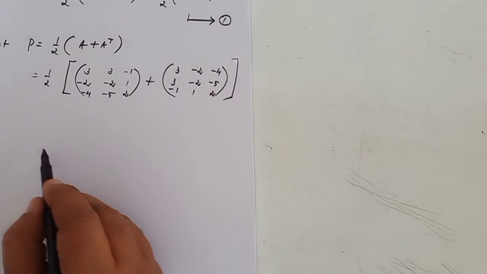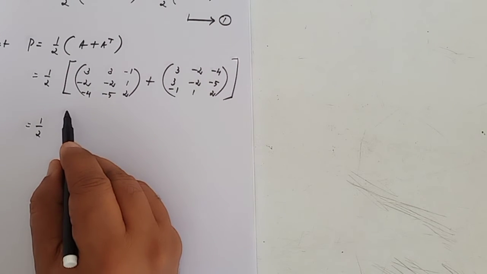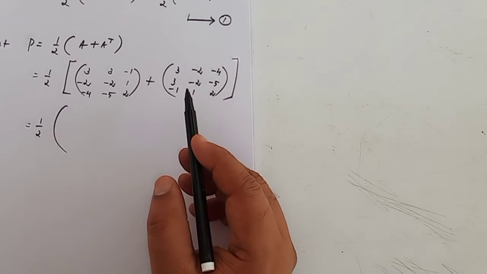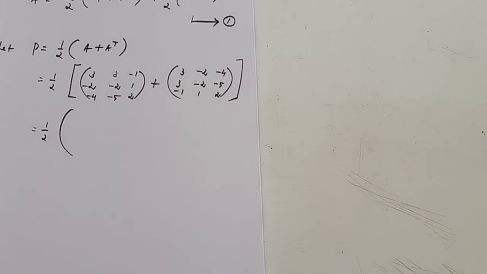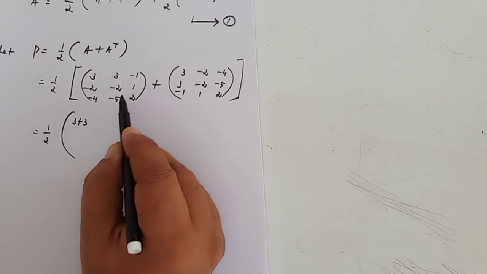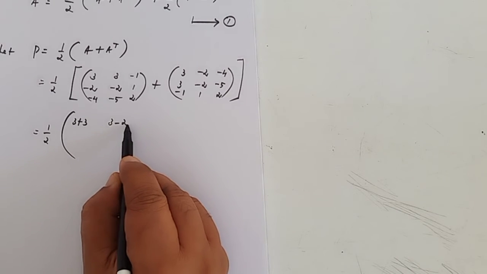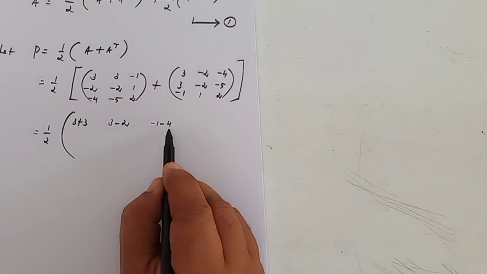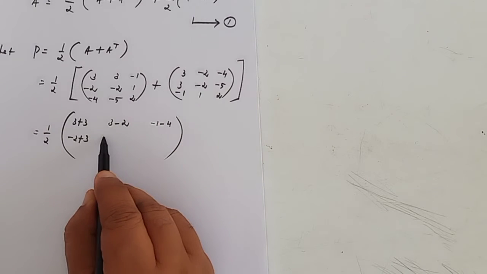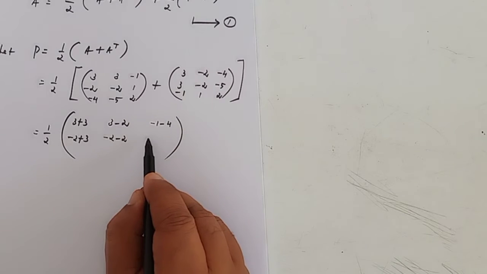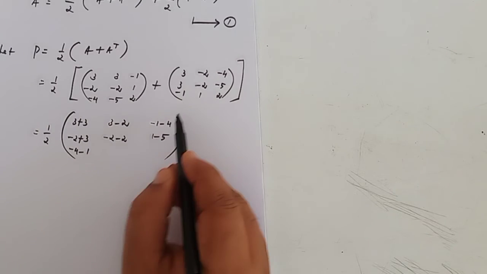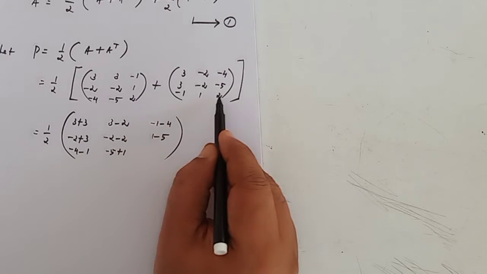That is equal to half into, we have to add the corresponding elements: 3 plus 3, 3 minus 2, minus 1 minus 4, minus 2 plus 3, minus 2 minus 2, 1 minus 5, minus 4 minus 1, minus 5 plus 1, 2 plus 2.